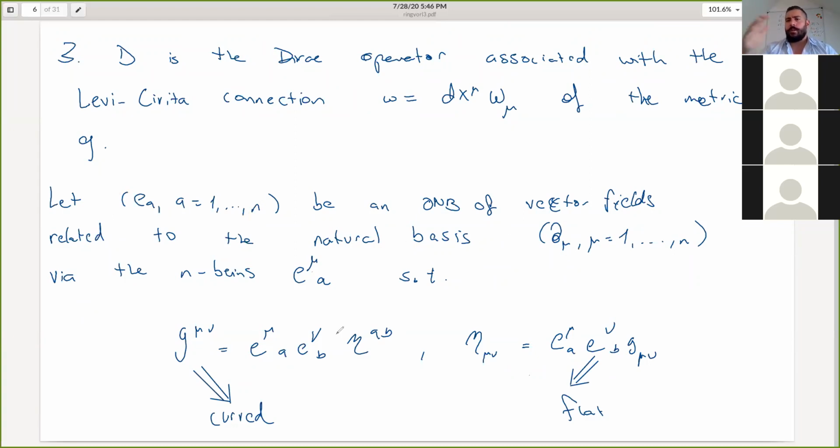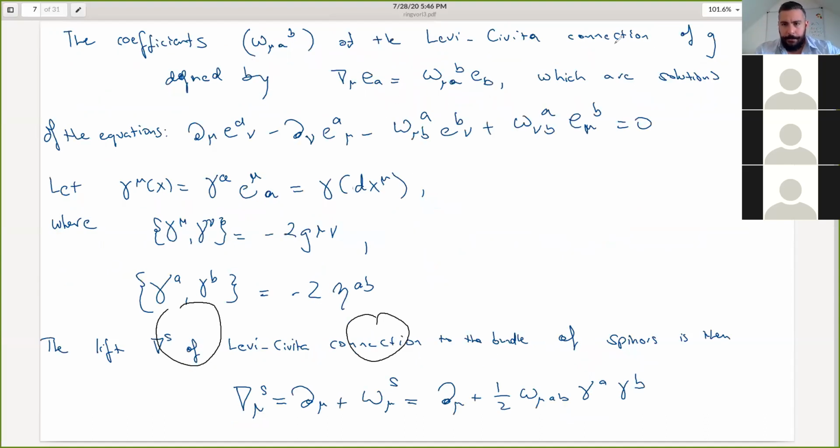You have your manifold, and you put a tangent bundle on that manifold, and the basis vectors of this tangent bundle are these d mu. Then you have these vielbeins defined, and basically the vielbeins rewrite a curved space-time metric into a flat one. You know the inverse, so in a sense you can also flip that.